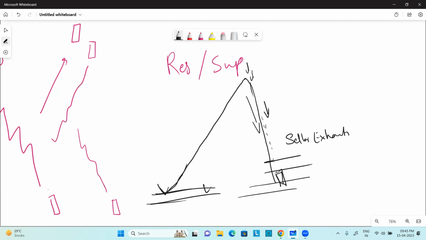Okay, that is the signal of reversal completed. Giri Reddy, okay, good.